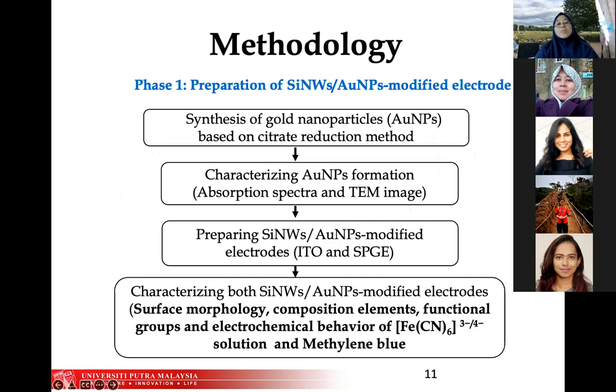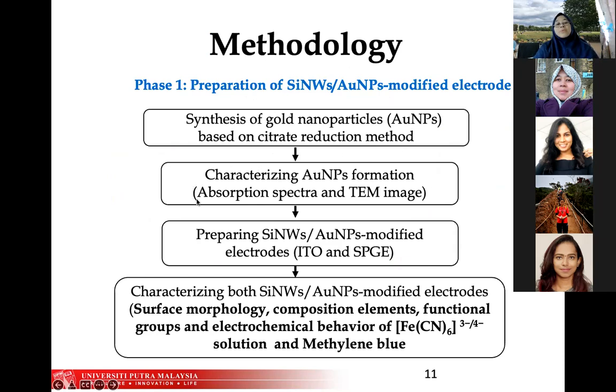You do not need to put detail like 5 ml plus 2 ml mixed together. You can just mention what kind of method you wish to adopt. In this case, it is the citrate reduction method.